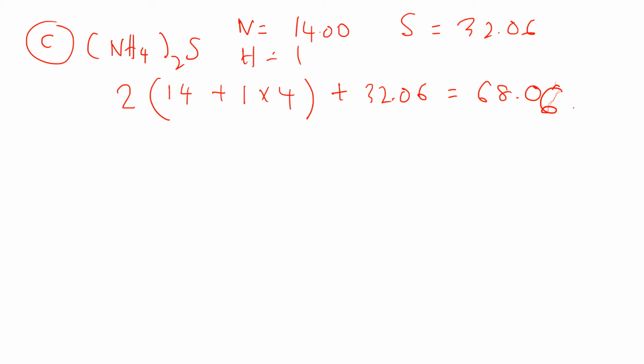Okay, so percentage of nitrogen equals 2 times 14 divided by 68.06. Why do we times the 14 with 2?